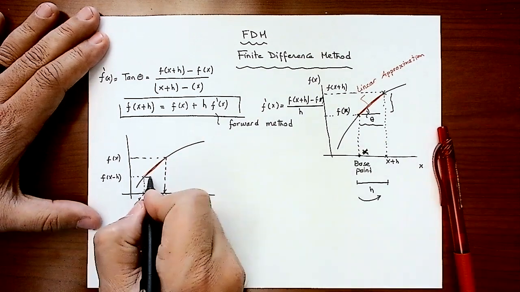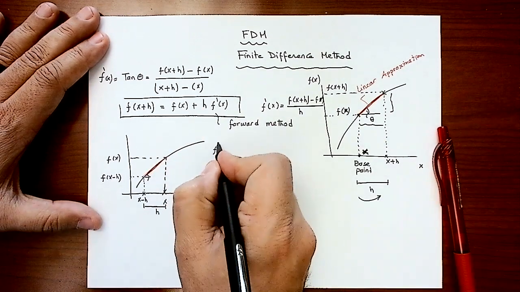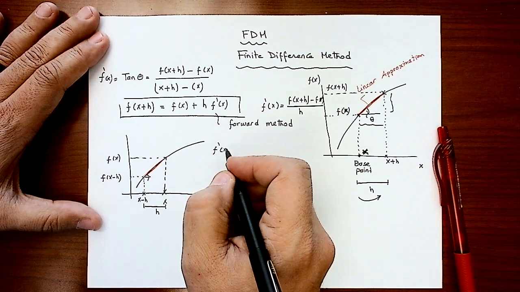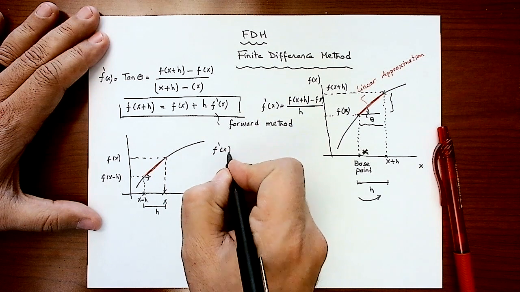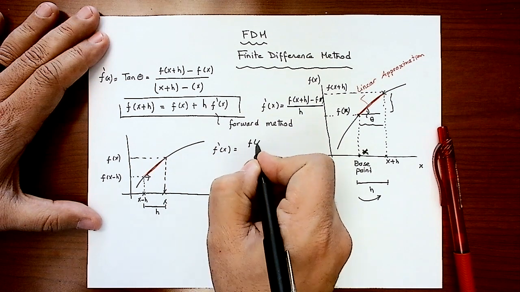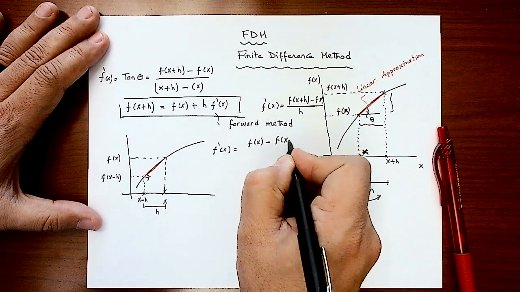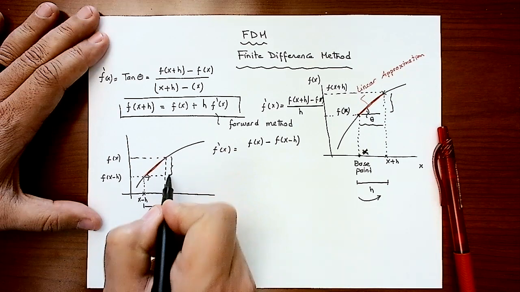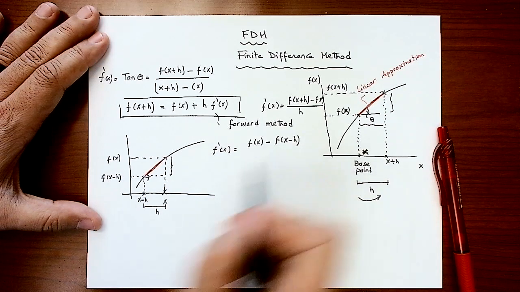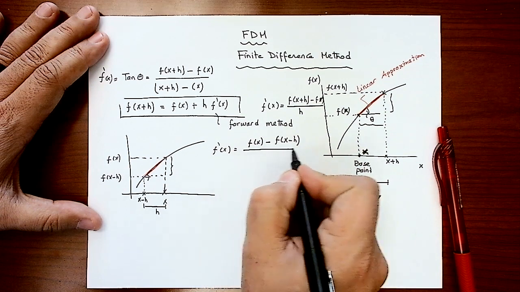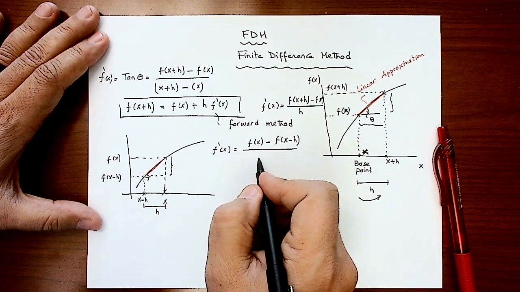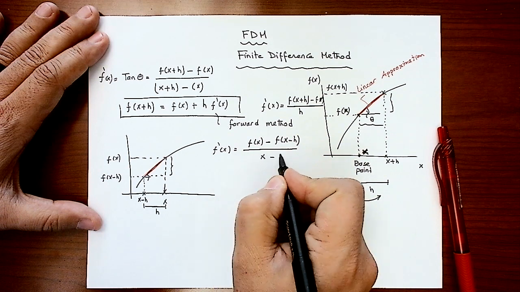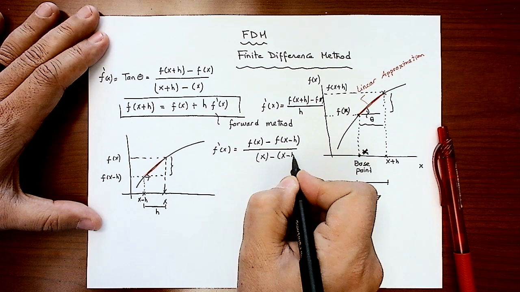You will find that the slope of that line, theta, tan theta, or f prime at the base point, is equal to f of x minus f of x minus h. So this will give you this height here, f of x minus f of x minus h, divided by the separation distance, which is h.